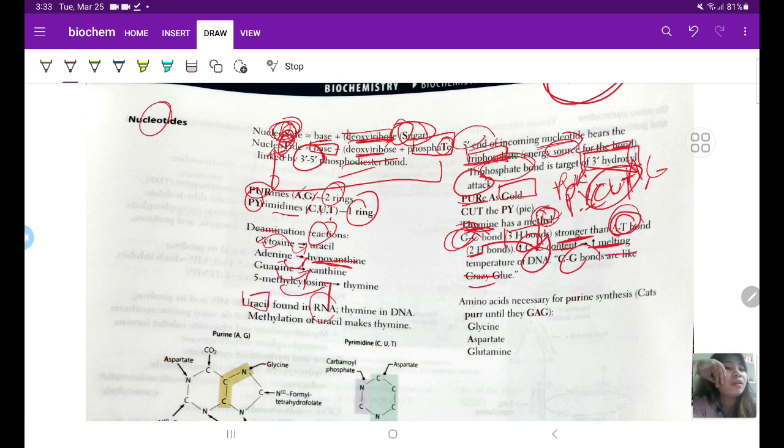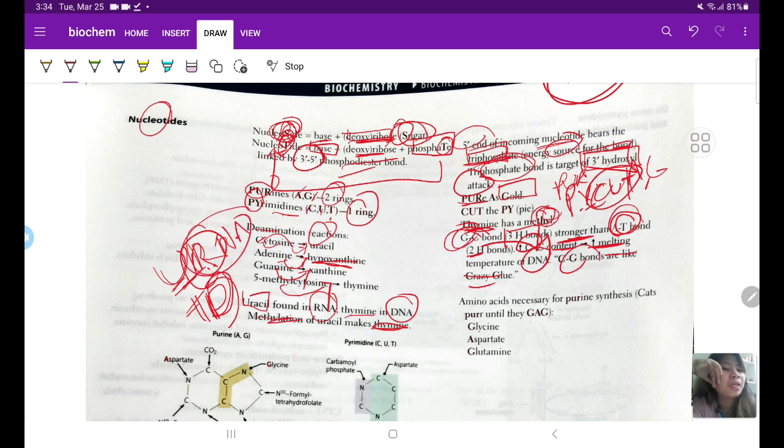Uracil is found in RNA, thymine in DNA, and methylation of uracil makes thymine. So, UR and TD: uracil, UR, so RNA.